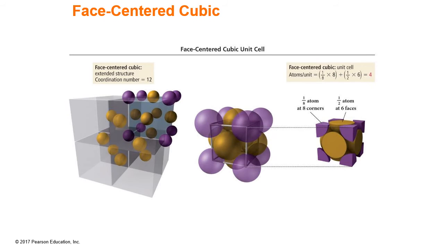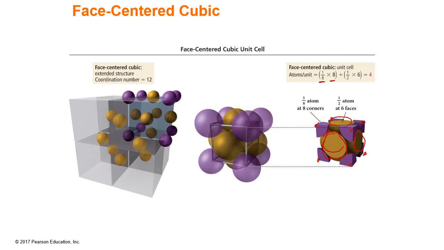The last example of our simple cubic is the face-centered cubic. For the face-centered, we have half an atom on each of the 6 faces of the cube, and then a partial atom at each of the corners. So we have 1/8 at each of the corners of our cube times 8 atoms.